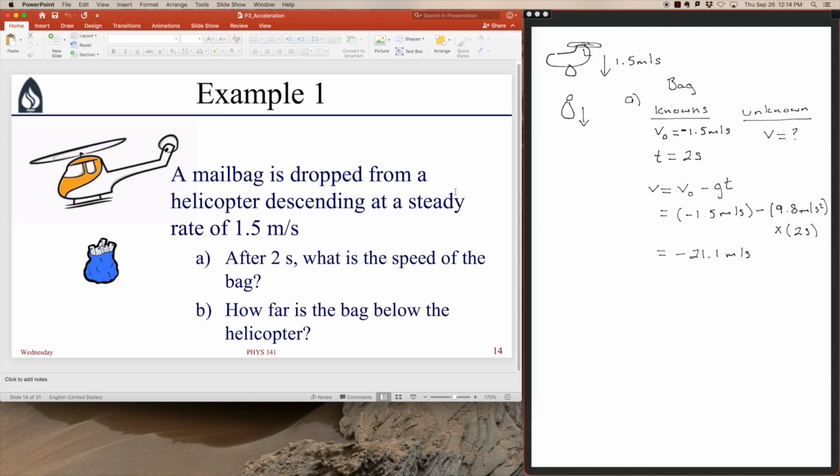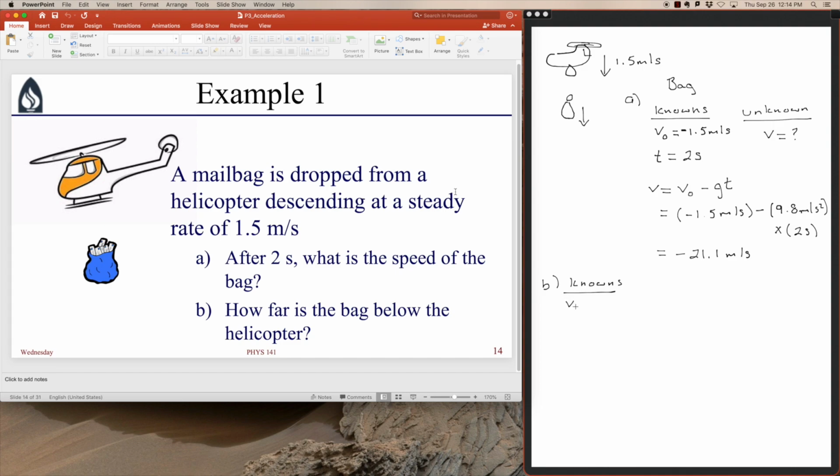So then part B asks how far is the bag below the helicopter? So now I need to have a new set of knowns and unknowns. So now I know quite a bit more.